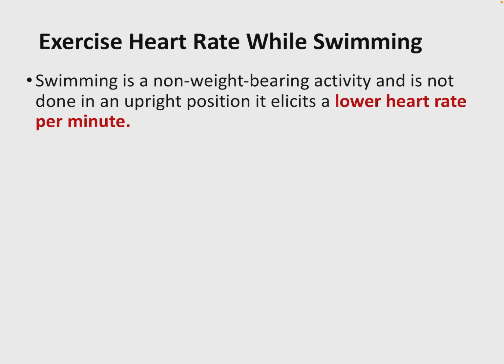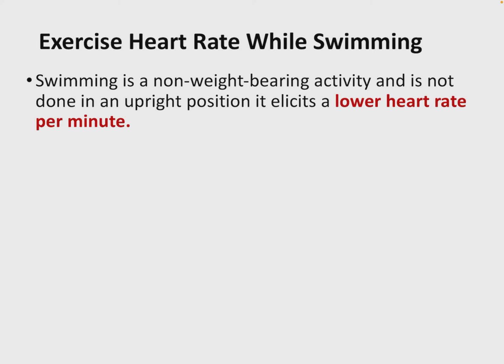So because the energy demands are less, we don't generally get our heart rate as high. We don't have to pump blood against gravity, so the heart doesn't have to work as hard.